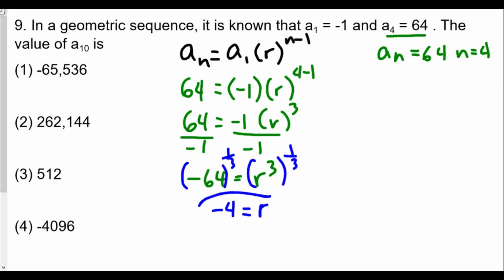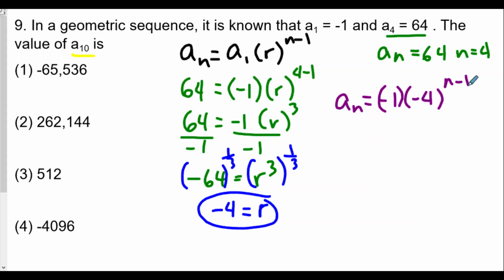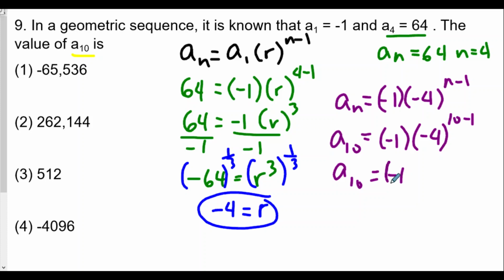This is helpful because we're looking for A10, so we're going to plug into the formula again. But this time, we now know the general form: A of n equals -1 times -4 raised to the n minus 1. So A10, our 10th term, is -1 times -4 raised to 10 minus 1, or A10 equals -1 times -4 to the 9th power.